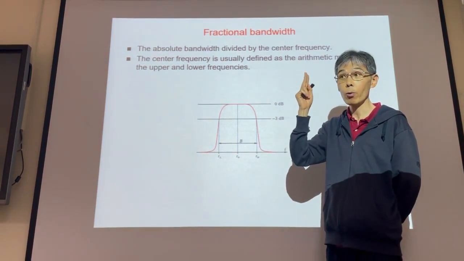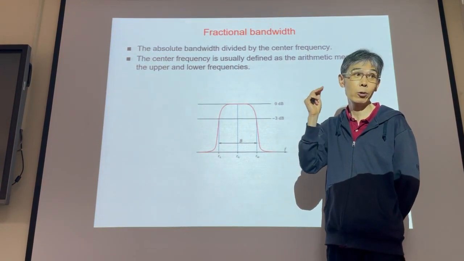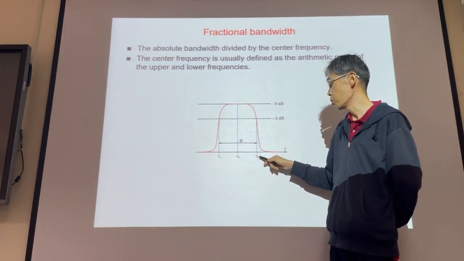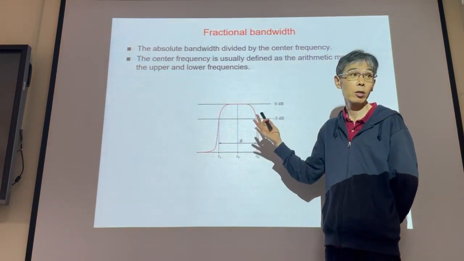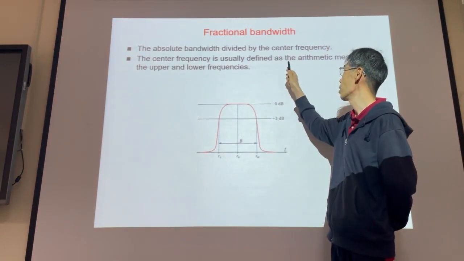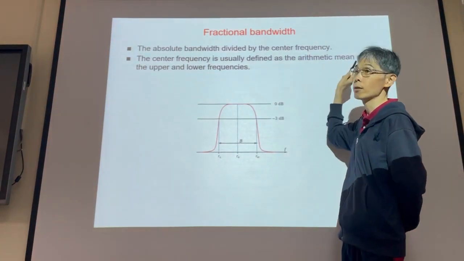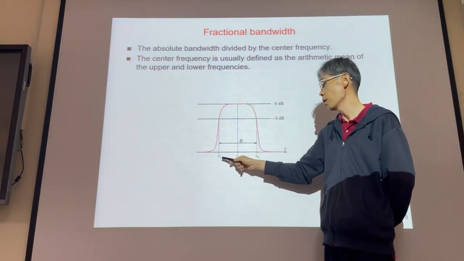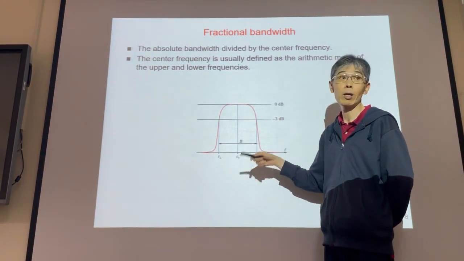This is one definition of the average. But you can say FL cubic plus FH cubic divided by 3 is the average. You have different definitions. Arithmetic mean means linear mean, FL plus FH divided by 2.